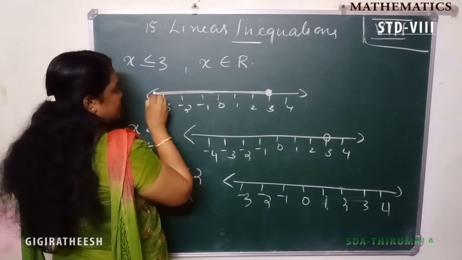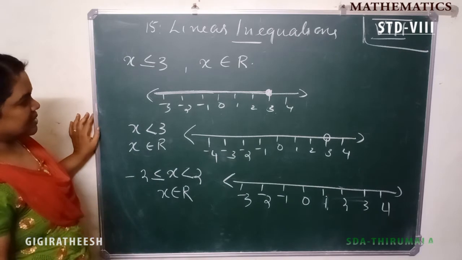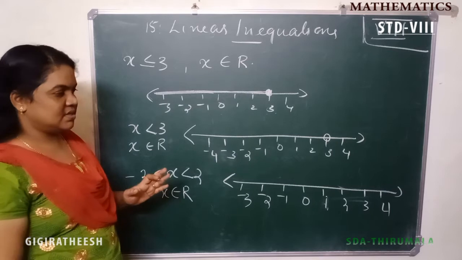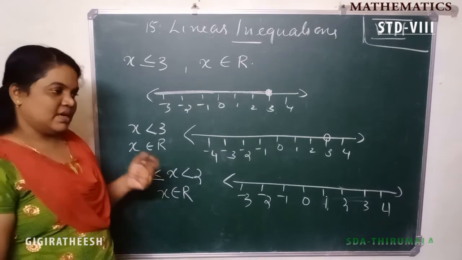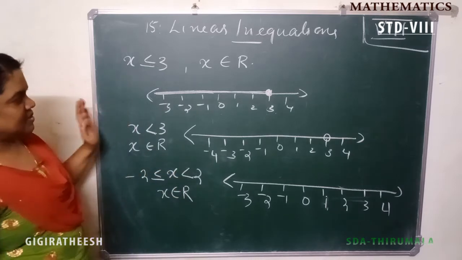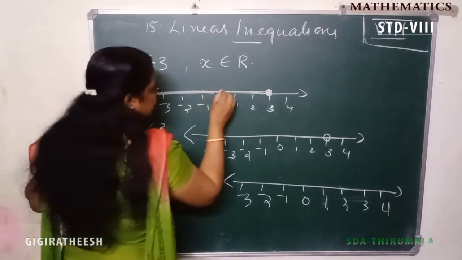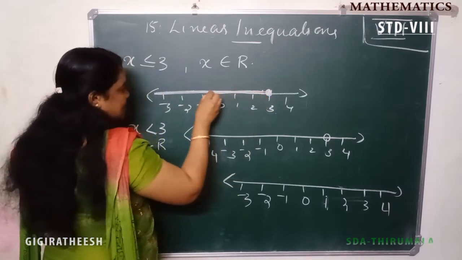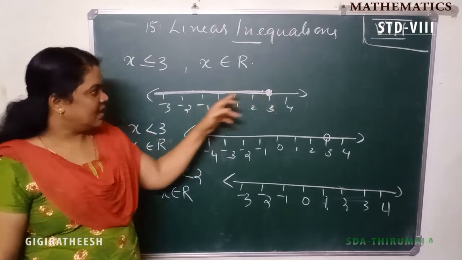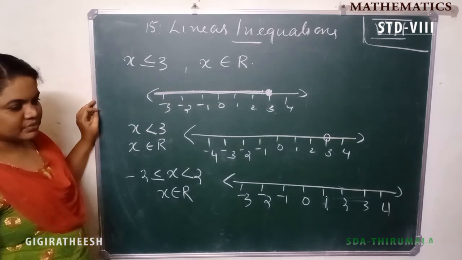Real numbers include integers, whole numbers, natural numbers, and then rationals, decimals and fractions, all in the real number system. That's why we are thickening, darkening this line from 3, including 3, for x less than or equal to 3.